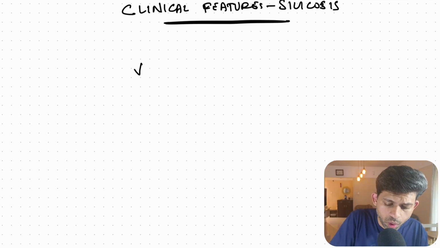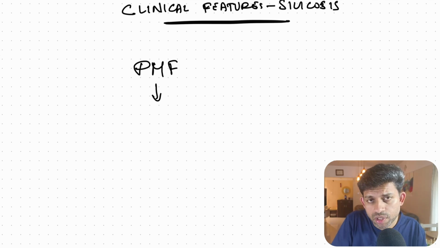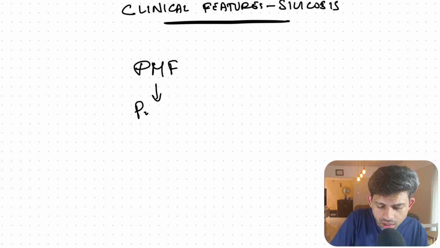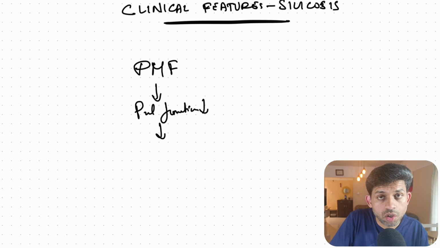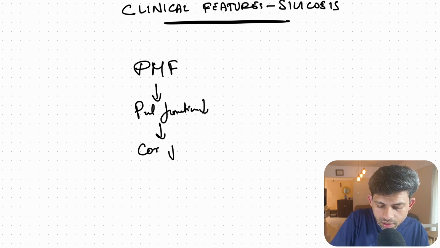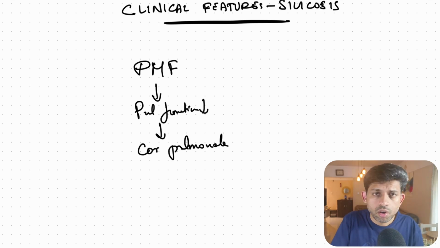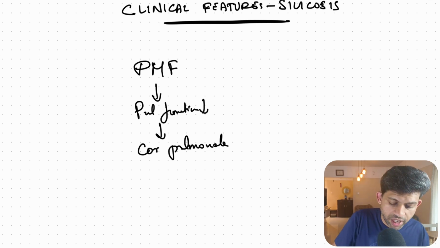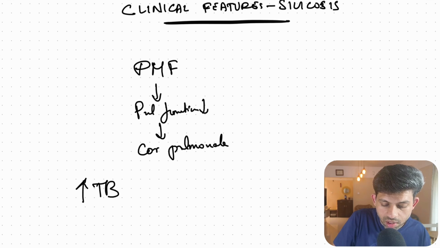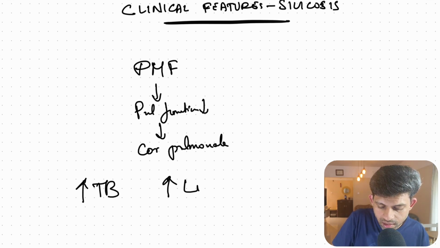People who end up with progressive massive fibrosis will have reduced pulmonary function and later on cor pulmonale. In contrast to coal workers pneumoconiosis, here patients have increased incidence of tuberculosis and an increased incidence of lung cancers.